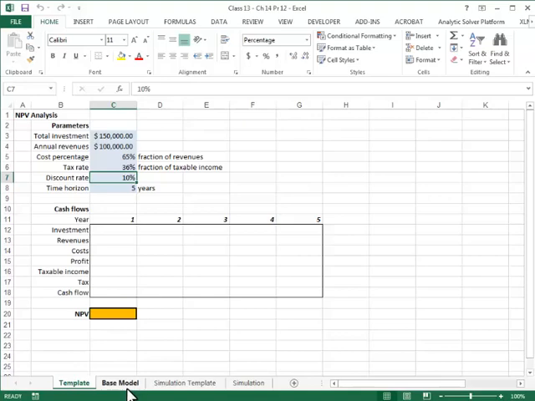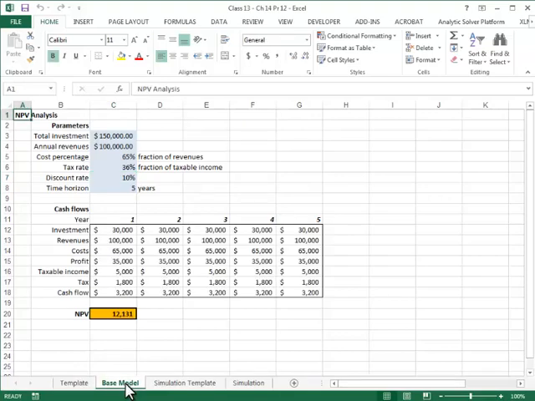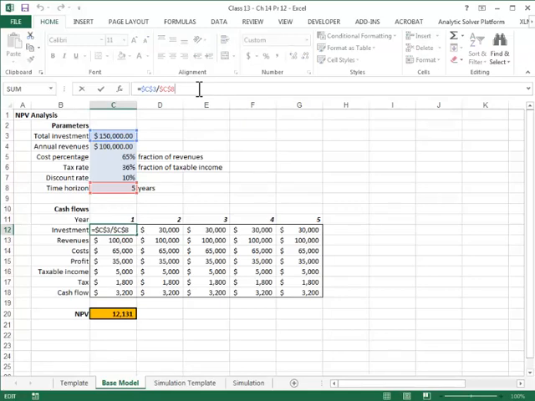So let's first look at the base case I created. In the base case, I have my annual investment, which is the total investment divided by the time horizon. The revenues are $100,000 each year. The costs are the revenues times the cost percentage. The profit is revenue minus cost.